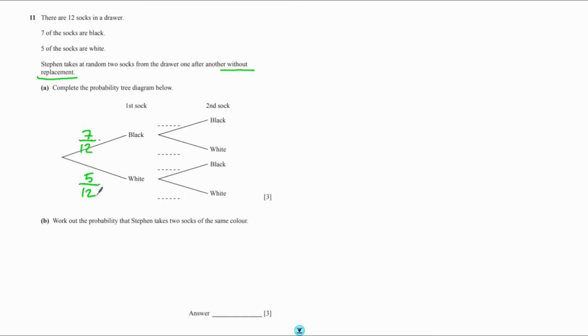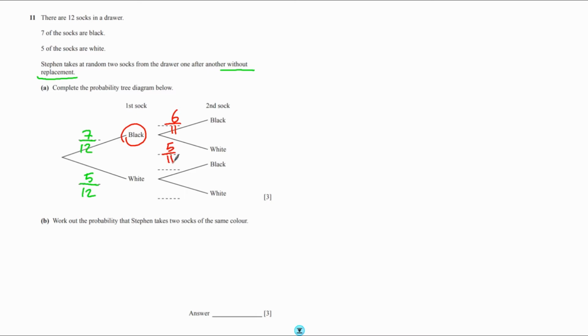Imagine that Stefan has taken a black sock out of the drawer, and he wants to take the second sock. We have 6 black socks left and 5 white socks left. So when we take the second one, the probability of black is 6 over 11 and white is 5 over 11.